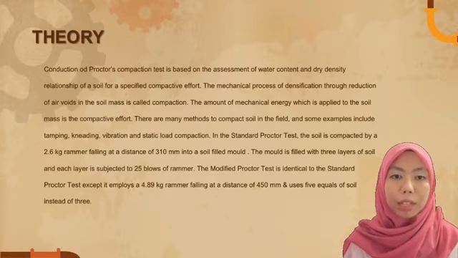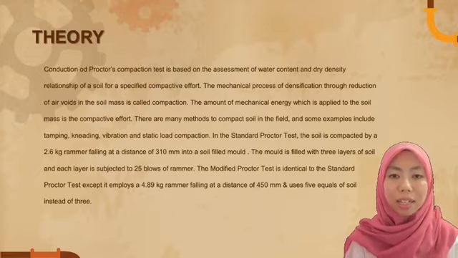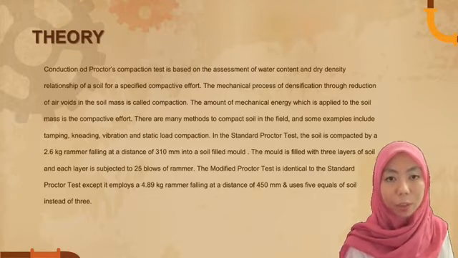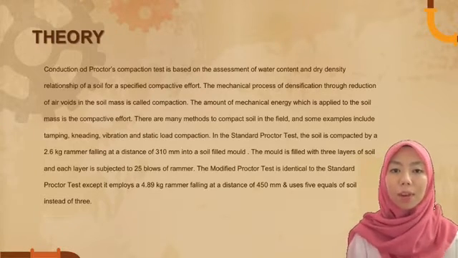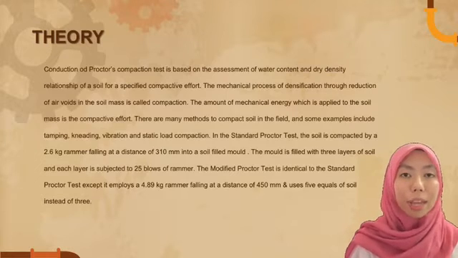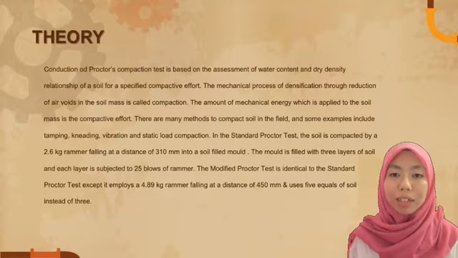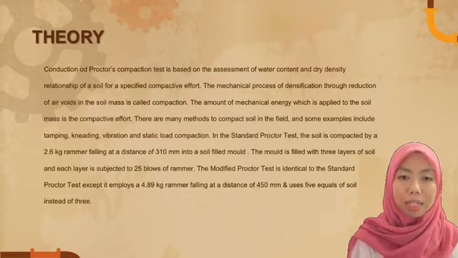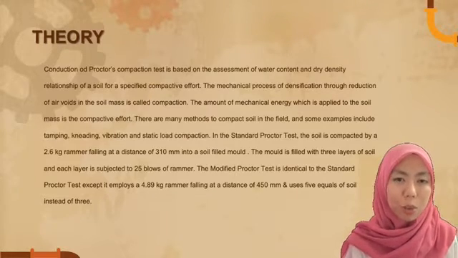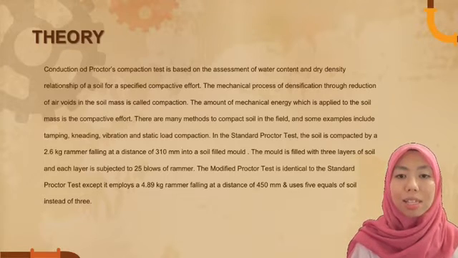The modified Proctor test is additional to the standard Proctor test, except it employs a 4.89 kg rammer falling at a distance of 450 mm and uses 5 layers of soil instead of 3.